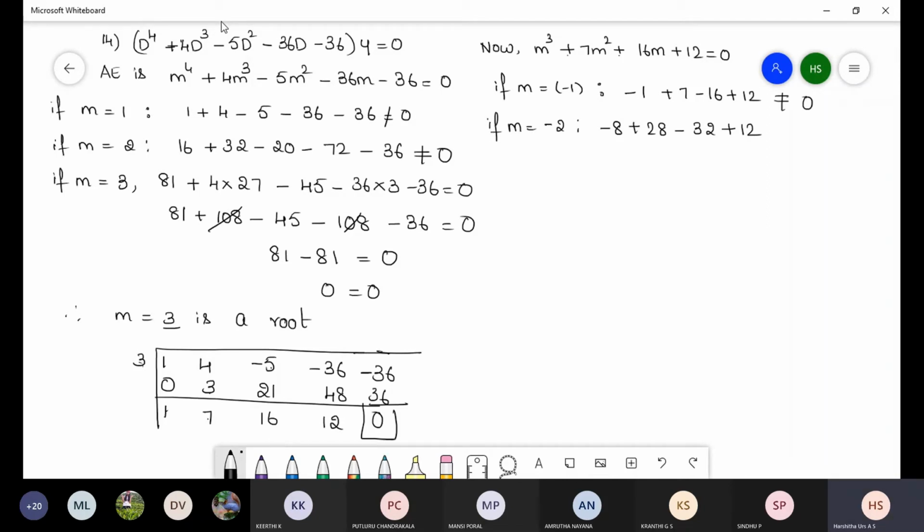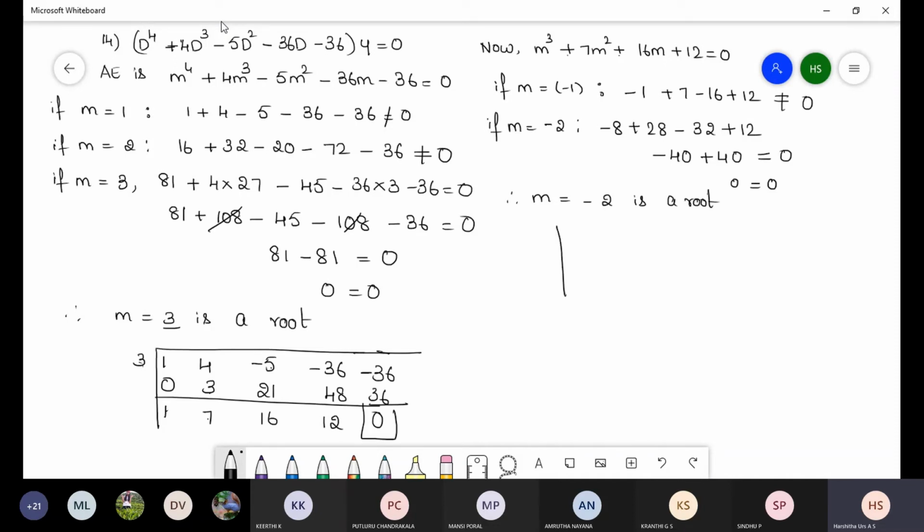So minus 8 plus minus 32 is minus 40. 28 plus 12 is plus 40. So it is equal to 0. Now, therefore, m is equal to minus 2 is a root.